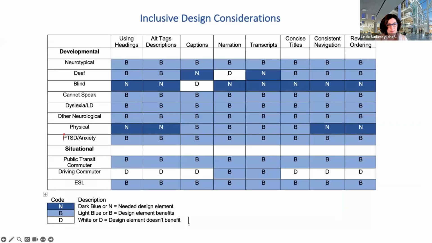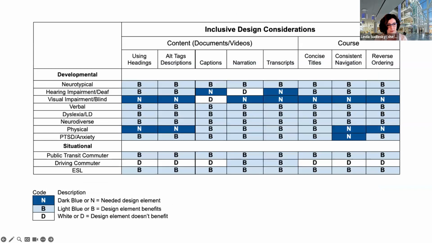Just an example, so that inclusive design considerations thing that I showed you before, the original version was this. And so this is more complex because what I did was I separated cells, I split cells, and I combined cells. And visually it looked wonderful, but for someone using a screen reader, that would be a nightmare.